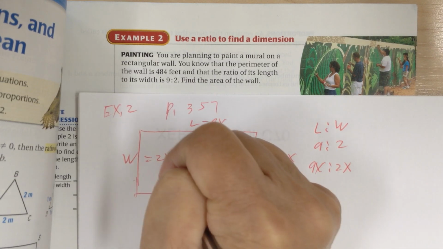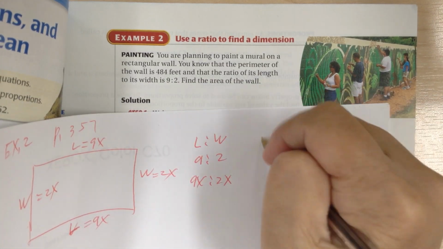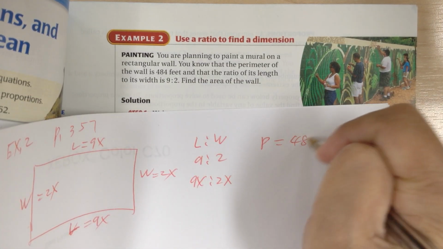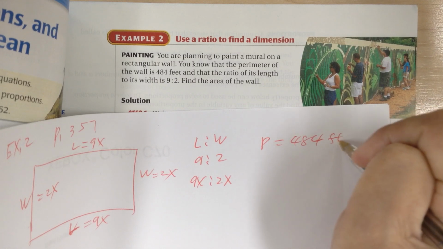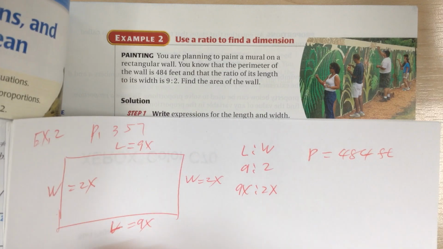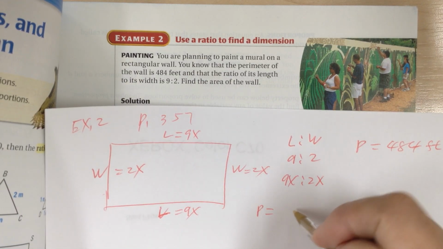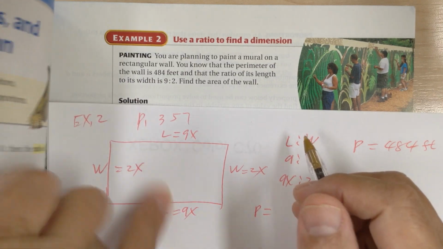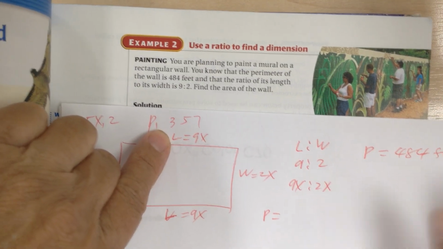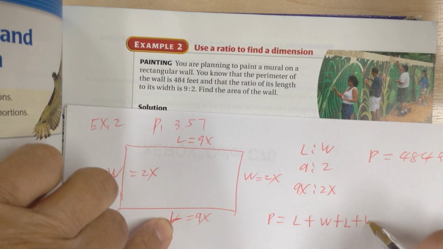It also tells you that the perimeter is equal to 484 feet. So what you can do now is substitute. First, the perimeter of the rectangle is equal to the length plus width plus length plus width.